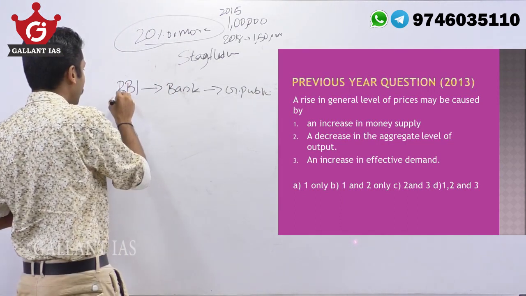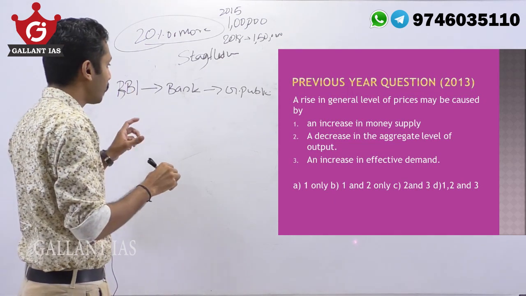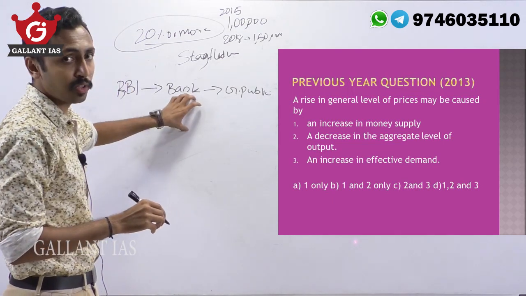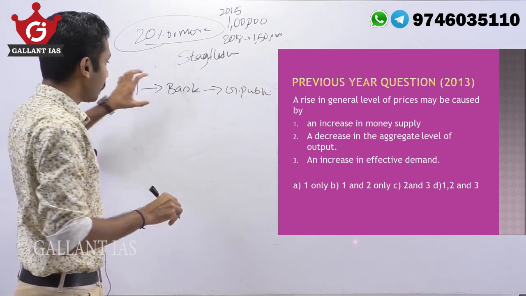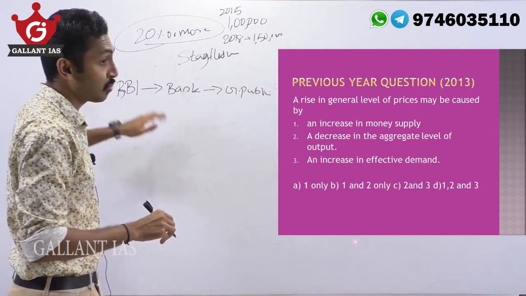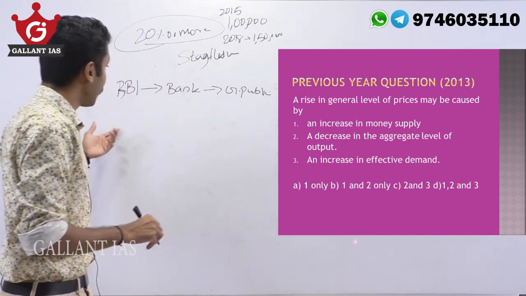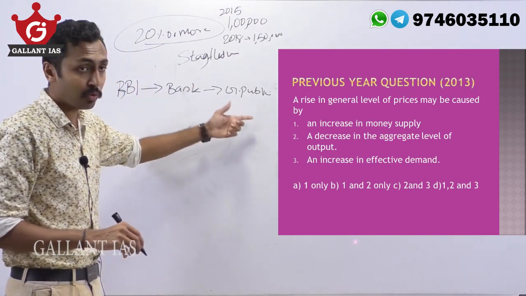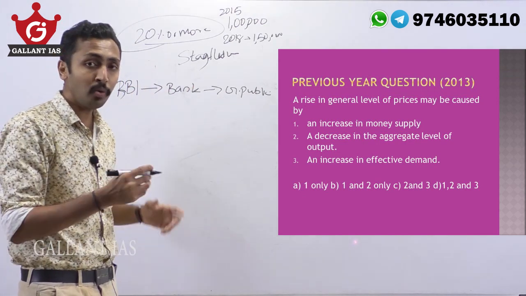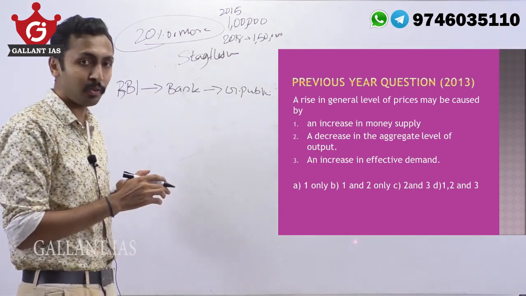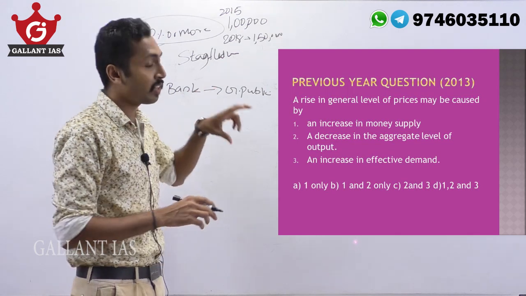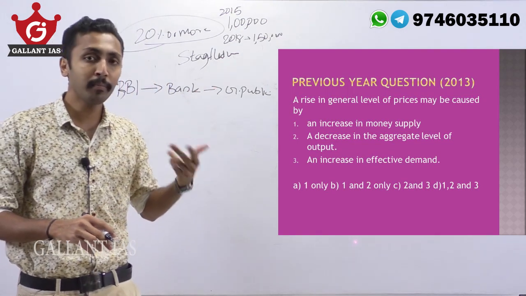When RBI decides to decrease the money supply, they lend less to the banks, and banks are able to lend less to the general public. When RBI decides to increase the money supply, they lend more to the banks and banks lend more to the general public. That is how RBI controls the money supply in our economy. When there is increased money supply, what happens?